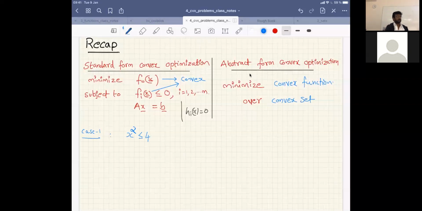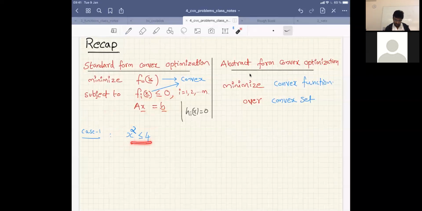That's the question. The only thing you need to do is just compare this with the standard form, and see whether it satisfies the criteria that we established.